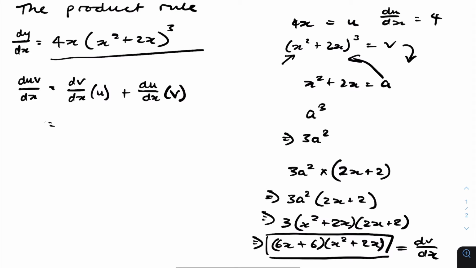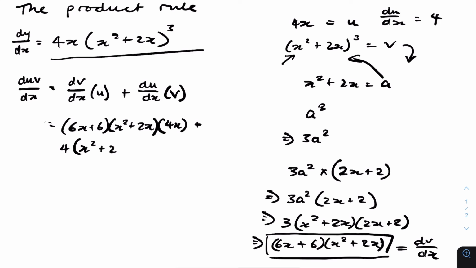So dv over dx is just (6x plus 6)(x squared plus 2x) squared, and that's multiplied by u, which is just 4x. And then we add that to du over dx times v. So du over dx is just 4, on the next line here, and we multiply by v. v is (x squared plus 2x) to the power of 3.